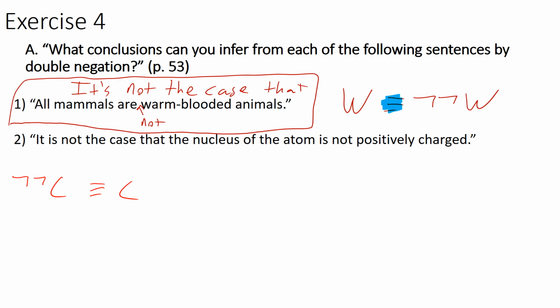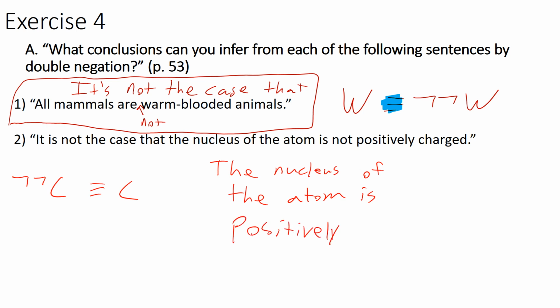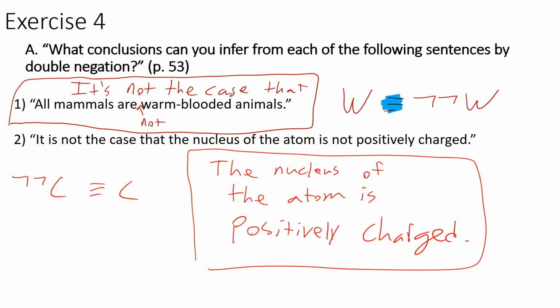In other words, the nucleus of the atom is positively charged. And of course, if we took this sentence and double negated it, we would return back to our original sentence.